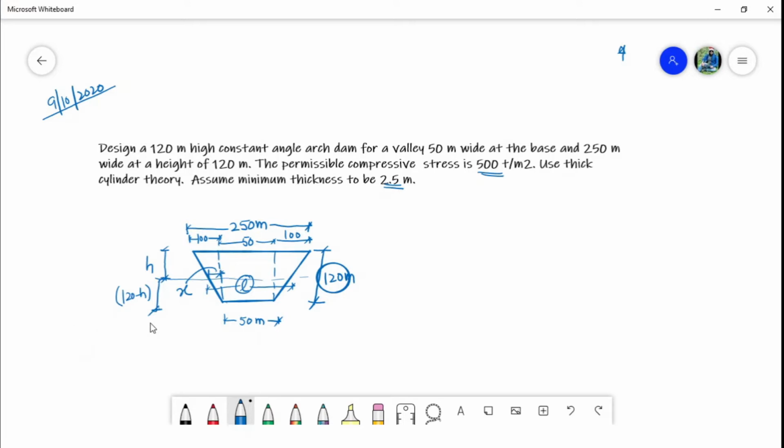In order to determine this x, we can say that x over 100 will be equal to (120 minus h) over 120.